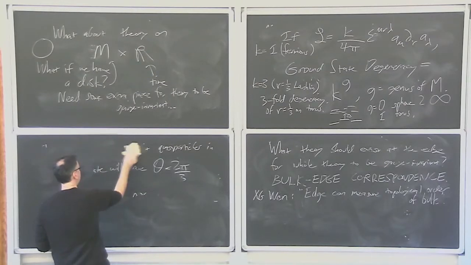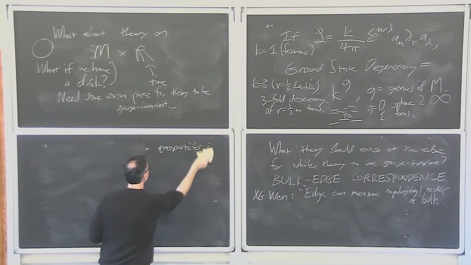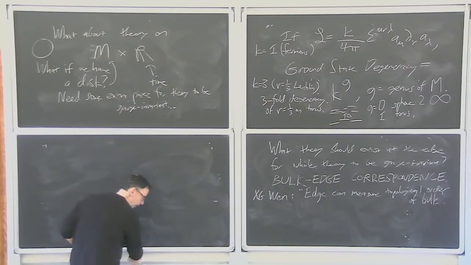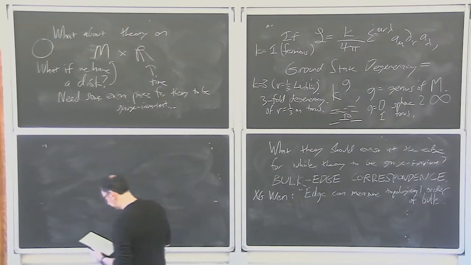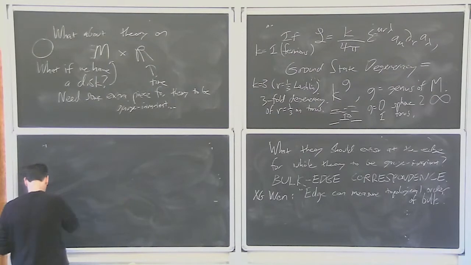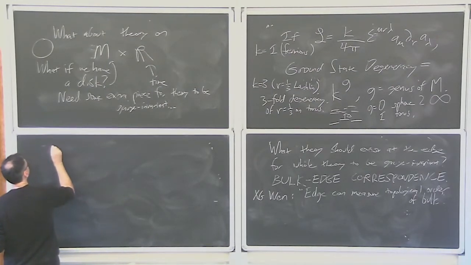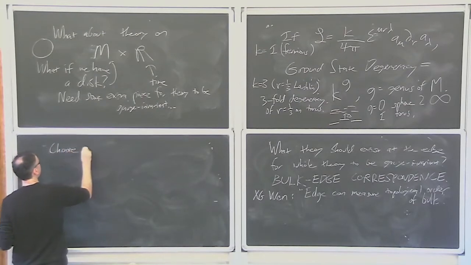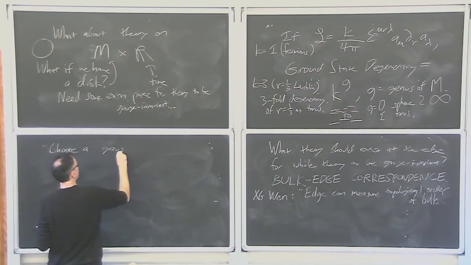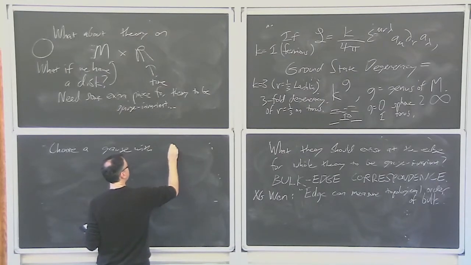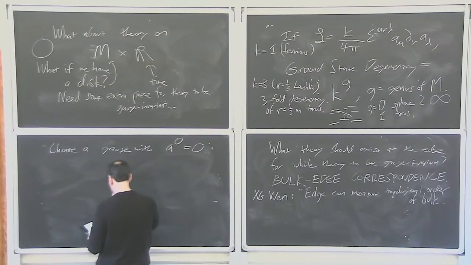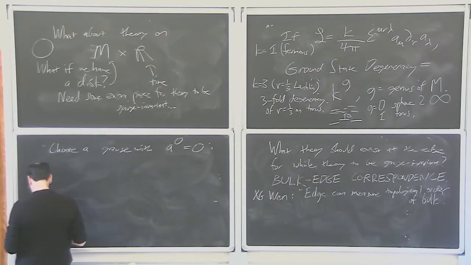Okay, so we've got this gauge problem, and we could write that as... I need to choose, okay. So I said that this theory had some gauge invariance. I'm going to choose a gauge where the zero component of the gauge field is zero.